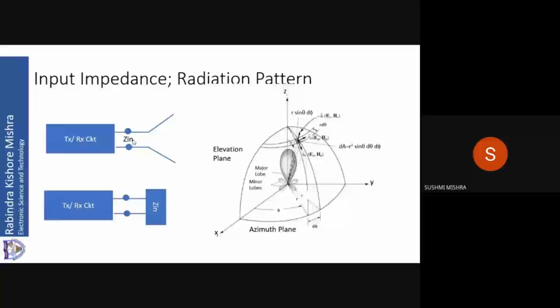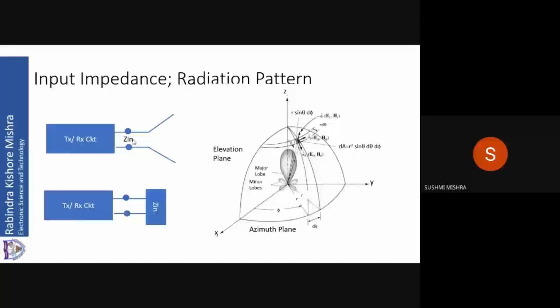The direction in which it is maximum, we call the main lobe, and other lobes in which it is not maximum are called minor lobes because there is minor radiation. So they give us the direction in which it is being radiated.